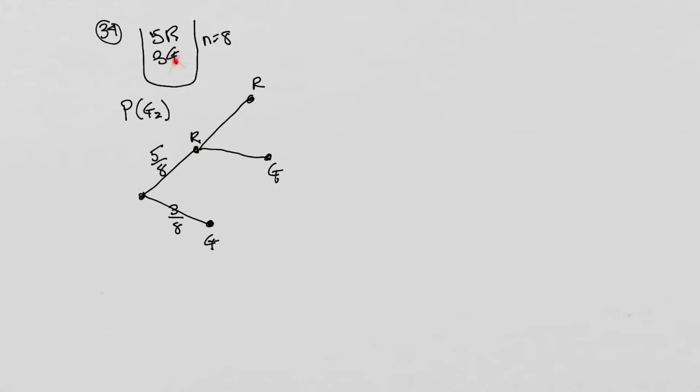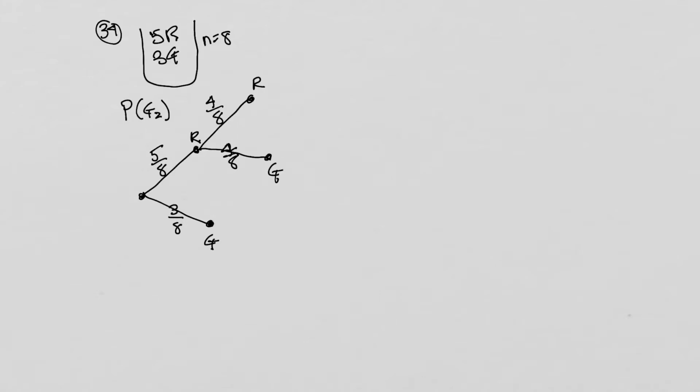So now we have 4 reds, because we took a red out and replaced it with a green. So we have 4 reds, 4 greens. So the probability of a red on that second draw is going to be 4 out of 8, because there's only 4 reds now. But the probability of a green is also going to be 4 out of 8. Remember, these add up to 1.